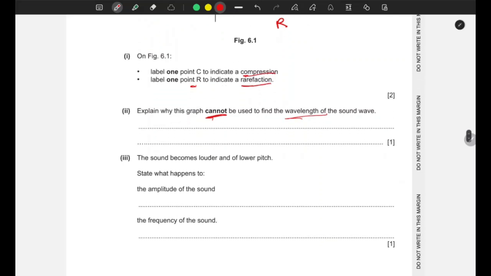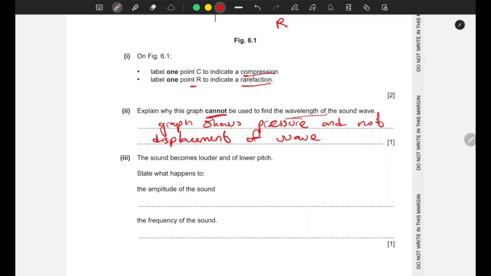So we can write: graph shows pressure and not distance, or we can say displacement of wave. To find the wavelength, we look at the displacement time graph of a wave, not a pressure time graph.